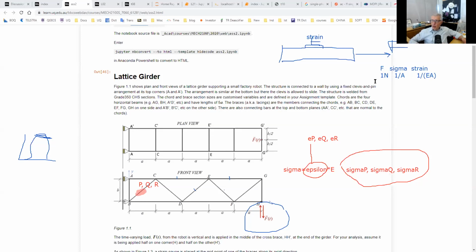You're with me so far in this table? Yes. Okay. Now what we have is, we know this one. We know strain is 300 times 10 to the minus 6. That's the strain you're given.